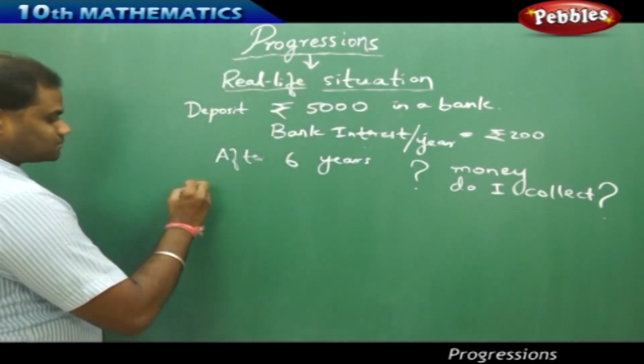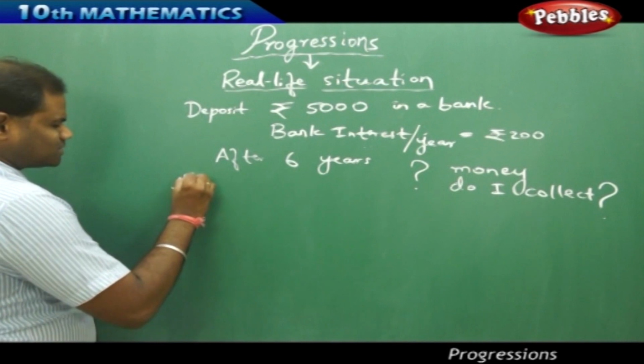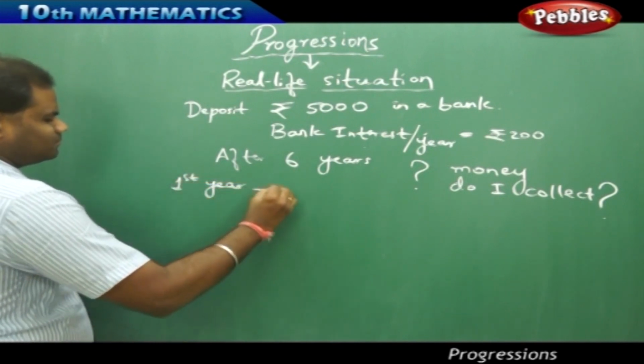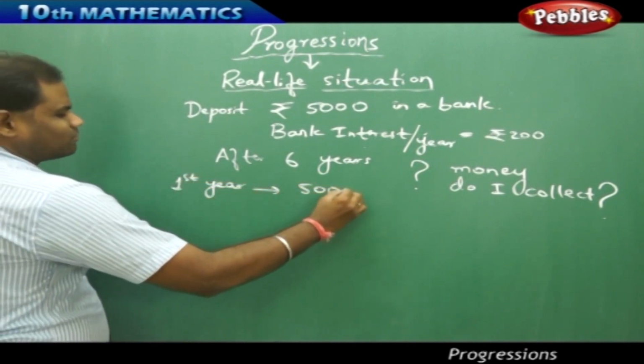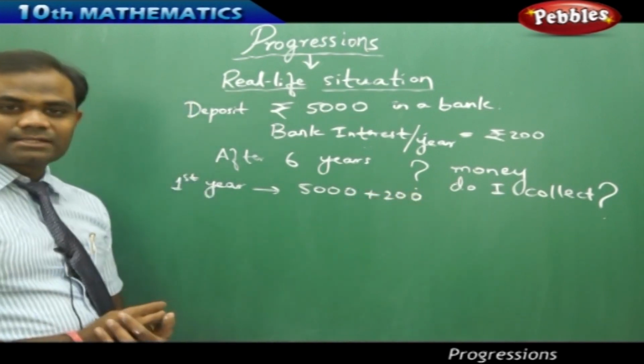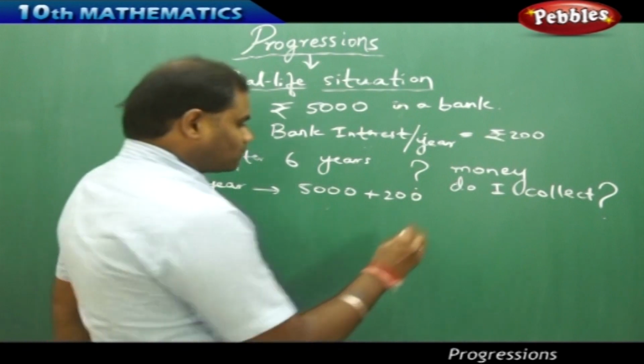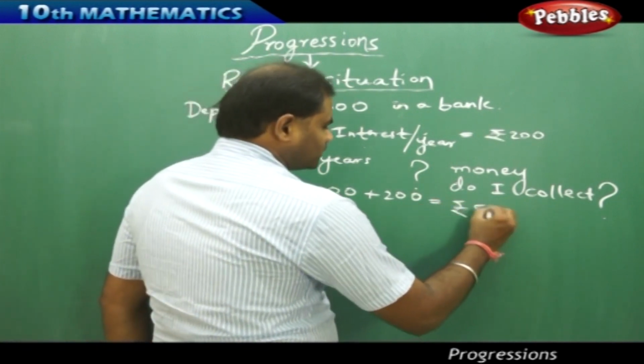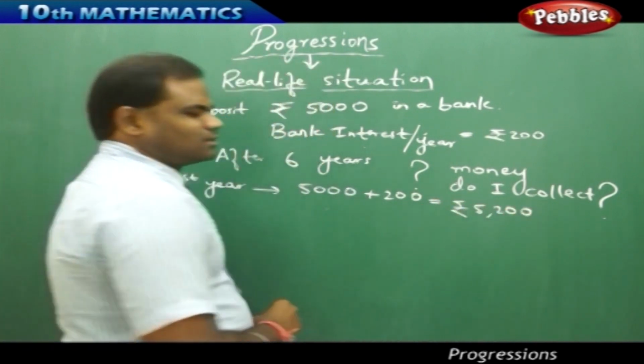As I see here, in the first year, my deposit of 5,000 increases with 200 rupees as the interest. Therefore, this comes out to be 5,200.